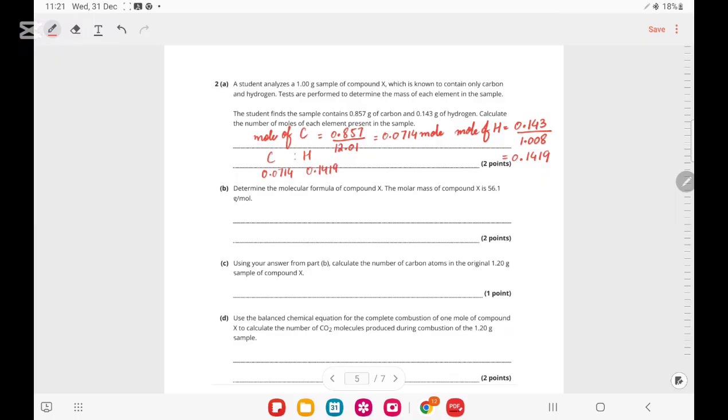So I'm going to divide it with the least number of moles, that is 0.0714, and this is also 0.0714, and that comes out to be 1:2. That means the empirical formula is CH2.